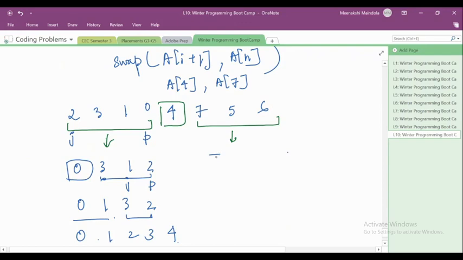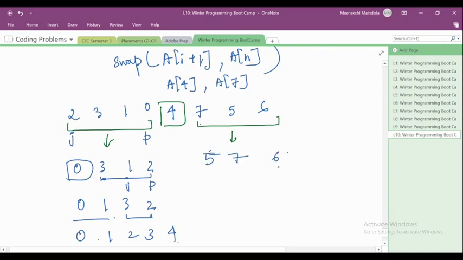So when you perform quick sort on this, you have 7, a of j, which is greater than the pivot element. So nothing happens. A of j, when j reaches here, is less than the pivot element. So you swap. So what do you swap? You swap 7 and 5, right? So you have 5, 7 and 6.